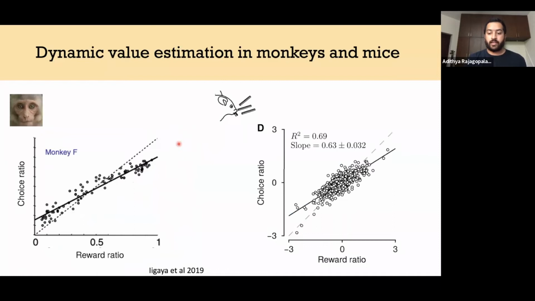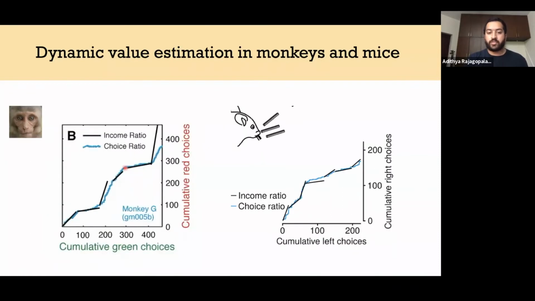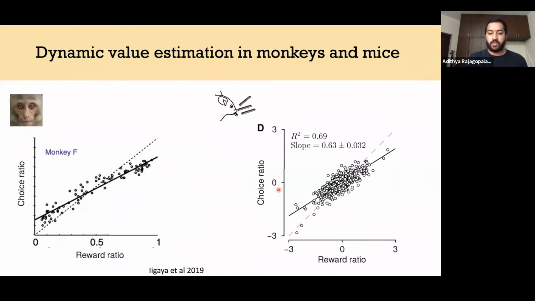If you average over blocks where the income ratio has remained constant, and you plot the choice ratio versus the income ratio, if there was perfect matching, you would see that these points lie along the unity line. But what is mostly observed is a little bit of undermatching, where as the ratio gets closer to one or the other option being completely rewarded, the choices are a little bit more random.